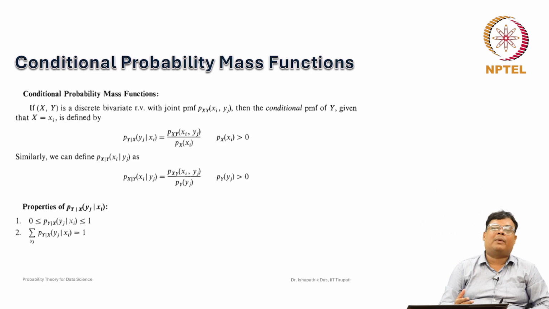Then how can the probability mass function of the other variable be modified? It is known as the conditional probability mass function in the case of discrete random variables. If x y is a discrete random variable with joint probability mass function p x y at x i, y j, then the conditional probability mass function of y given x equal to x i is defined as this function.